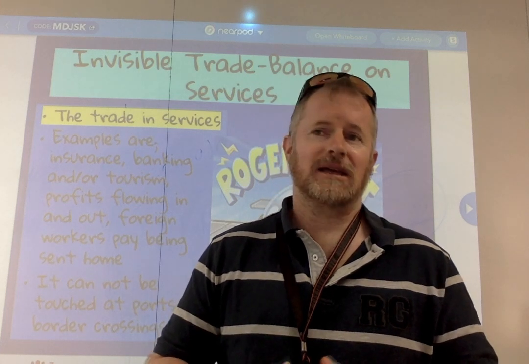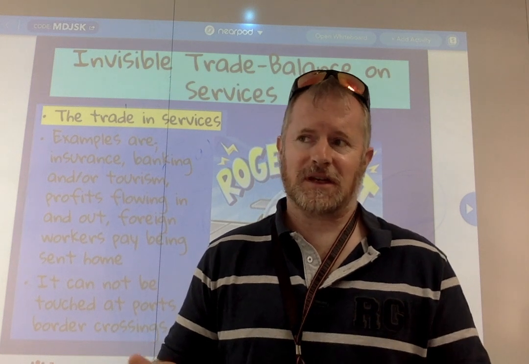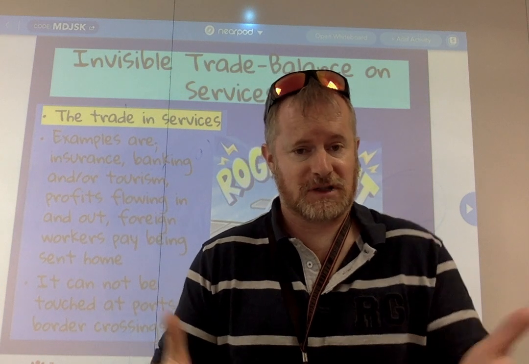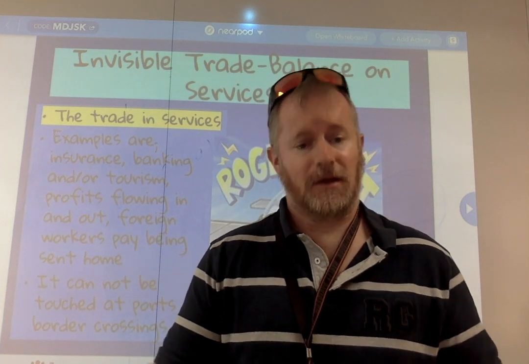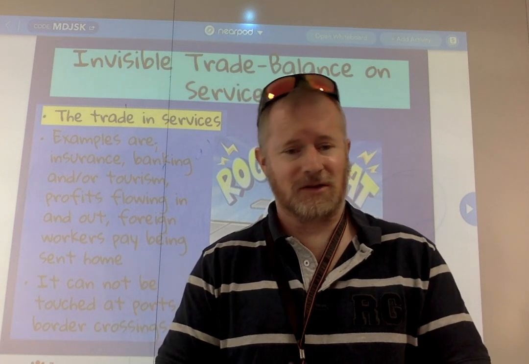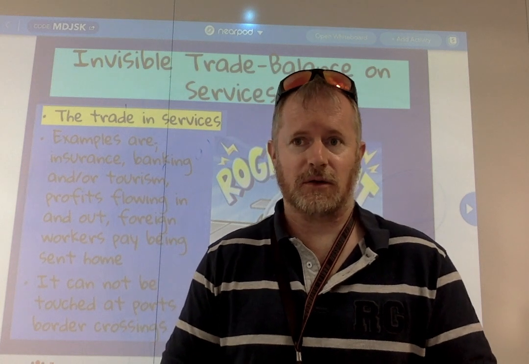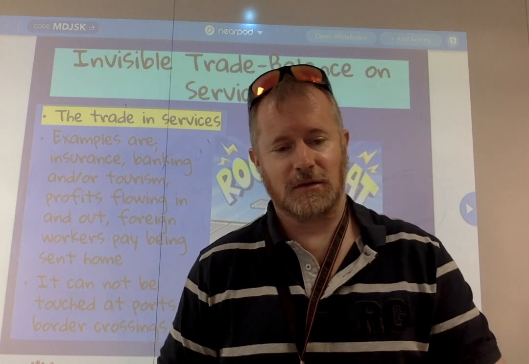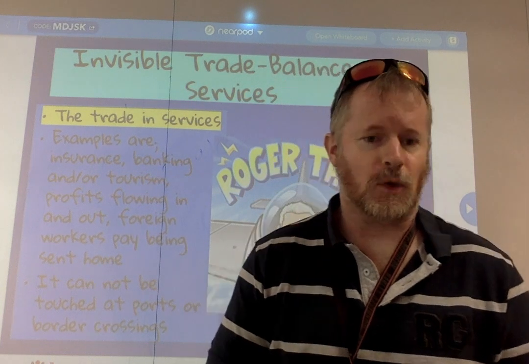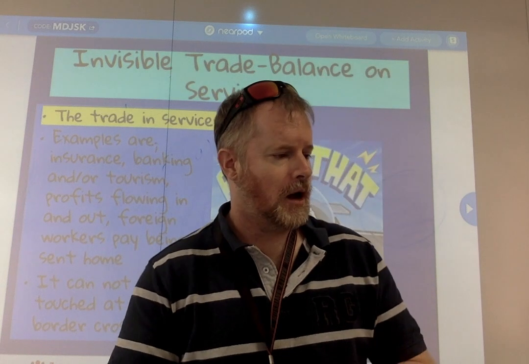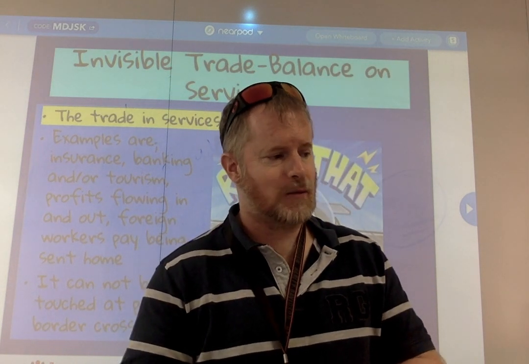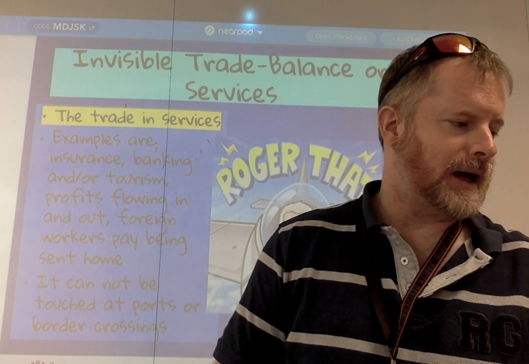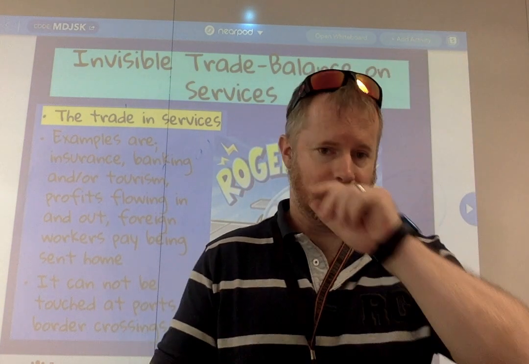And even countries that you don't necessarily think of as having big tourism can be tourist countries. New Zealand. There is a lot of tourism that goes to New Zealand because people travel there wanting to go and see the sheep, right, and the hills and the hobbits. Okay, that's how that sort of works. All right. So the trade in services, the key word there is that they are classified as invisibles, and there could be a whole range of them.